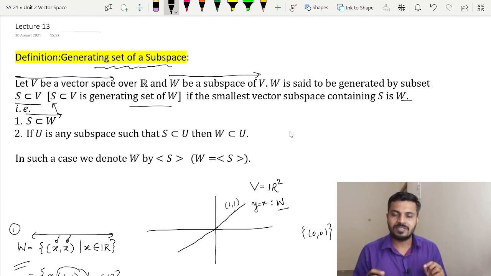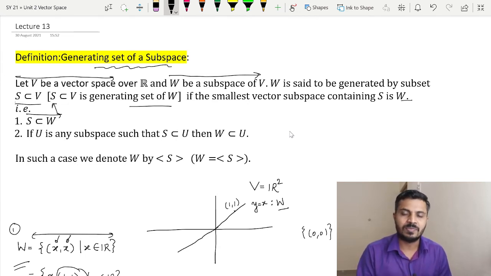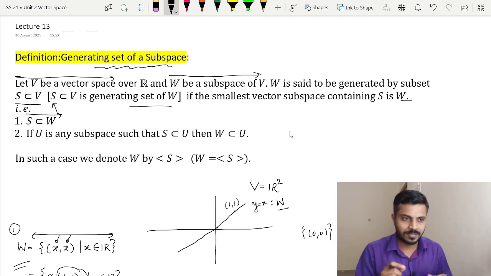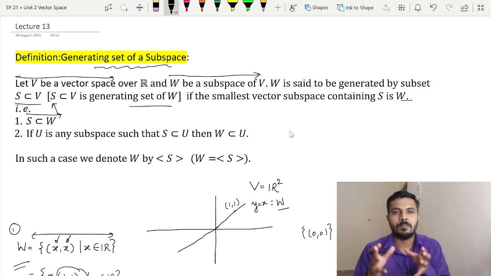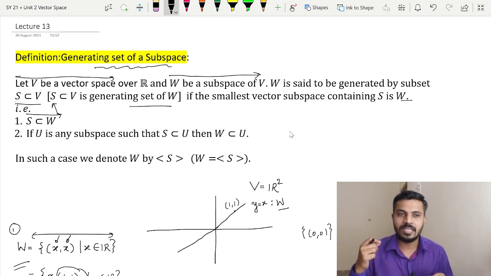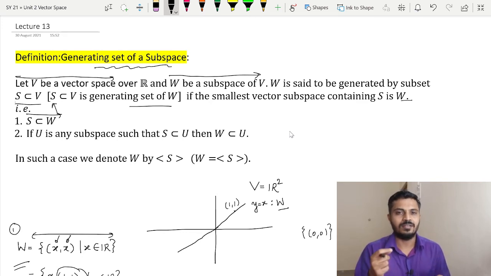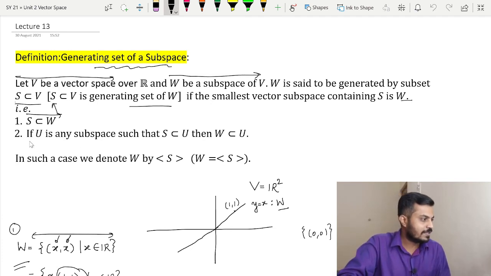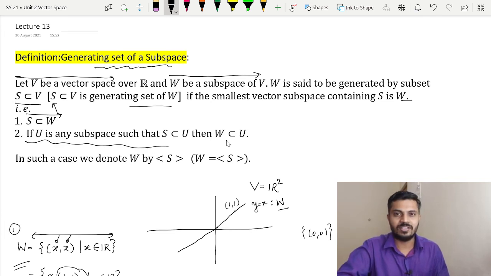If W is the smallest subspace of V containing S. Meaning if you take any other subspace containing S, then that subspace should be bigger than this W. Or you can say, if we take any other subspace containing the set S, this W should be smaller than that. And that is exactly what is said by this second condition.